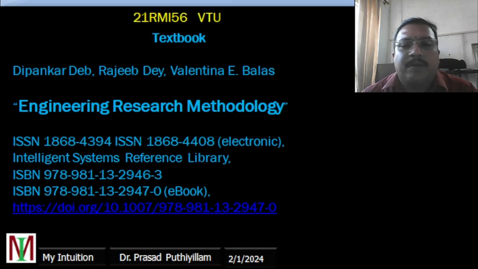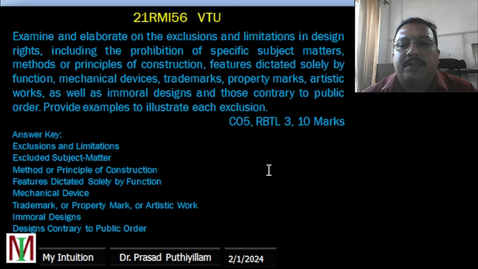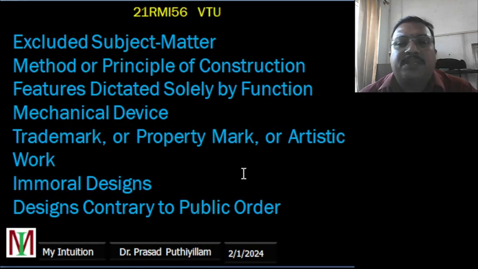Now moving to the topic which I am covering in this video, that is excluded subject matter: method or principle of construction, features dictated solely by function, mechanical device, trademark or property mark for artistic work, immoral designs, design contrary to public order.